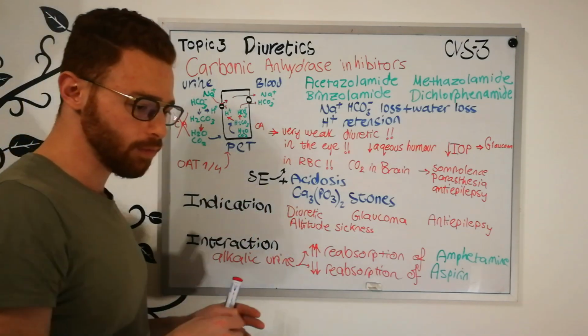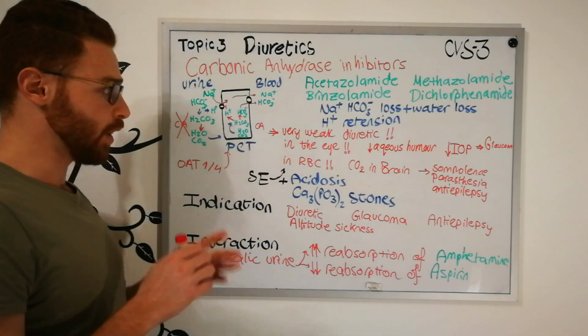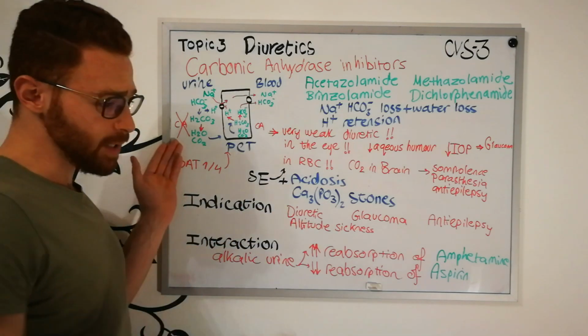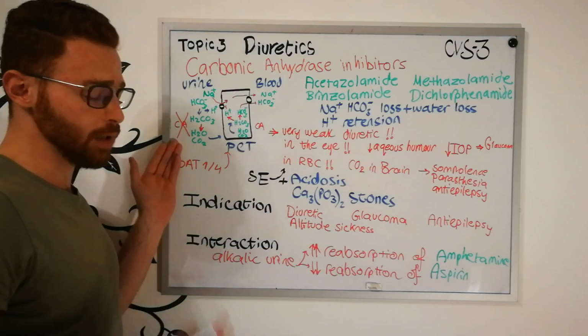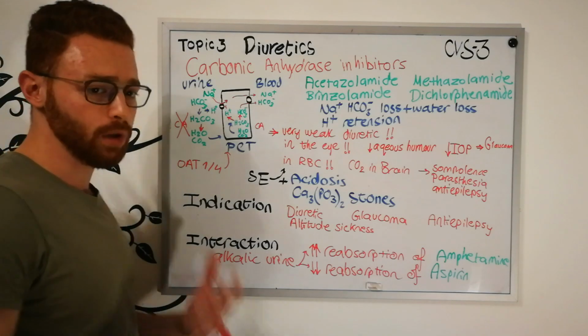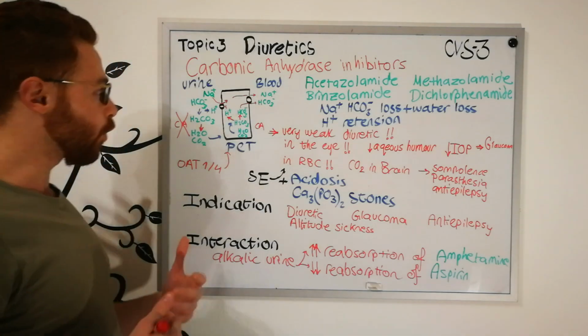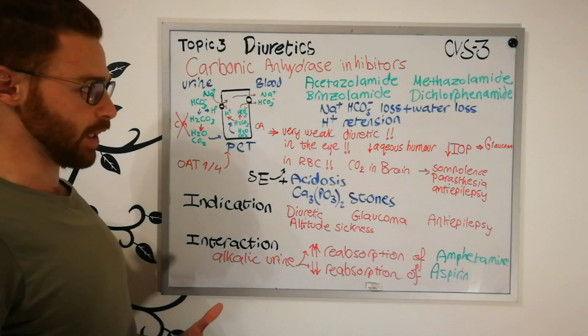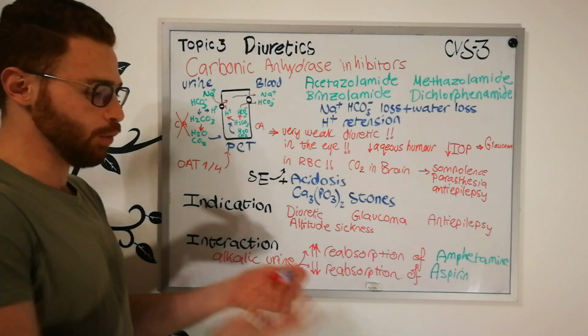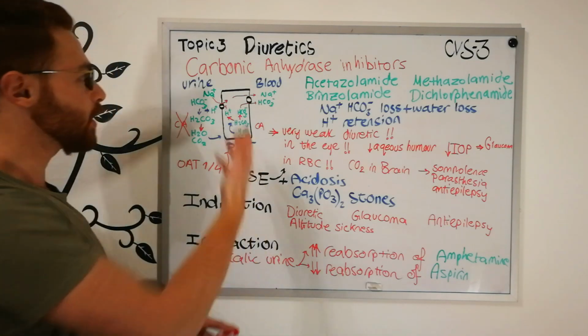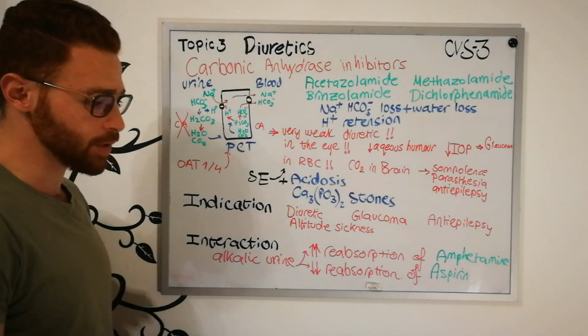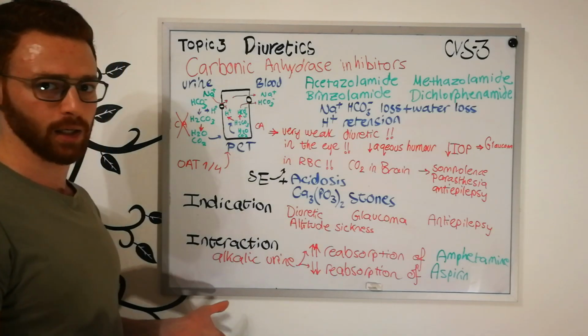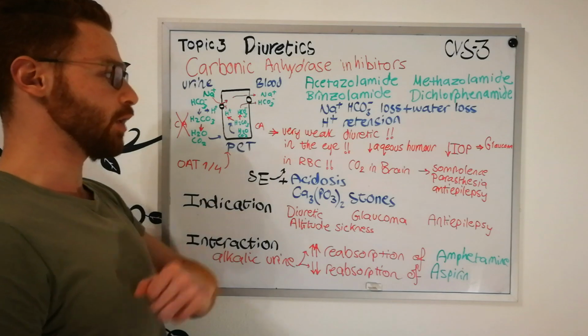It is going to reach the nephron. It is going to be lost forever. But this means that basically we're going to be running out of all the bicarbonates. So for the next day, for example, we're not going to have any bicarbonate reaching our nephron, which means that the carbonic anhydrase inhibitors wouldn't have any function actually. And that's why they are very weak diuretics.